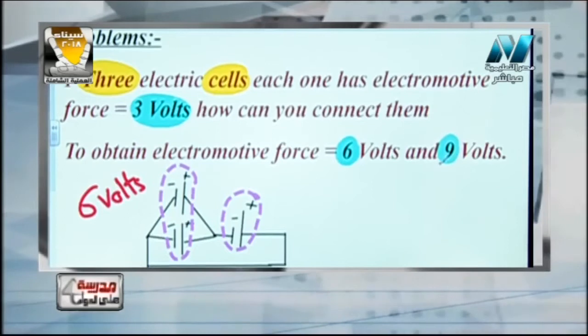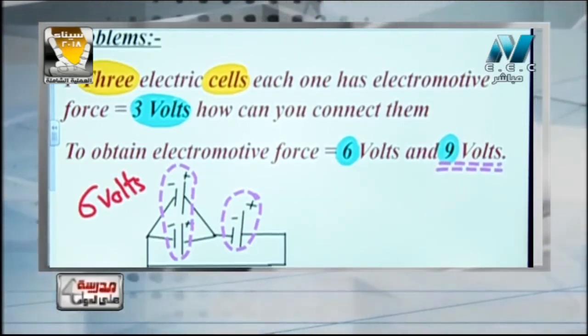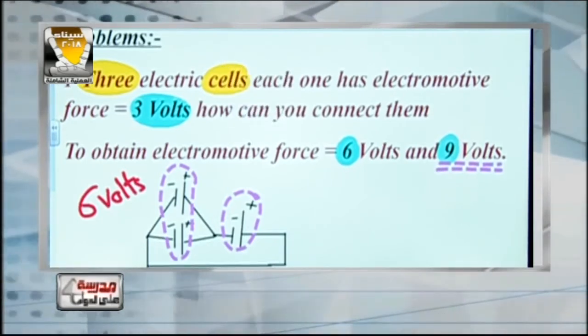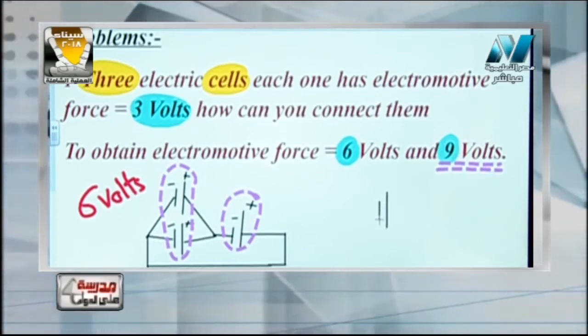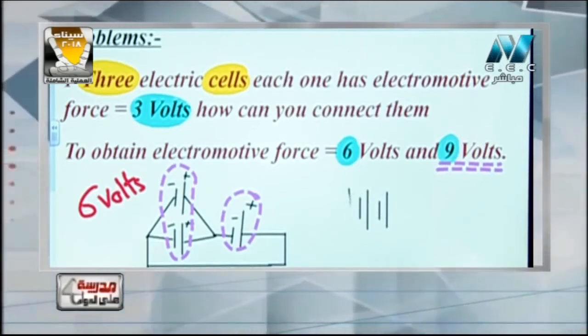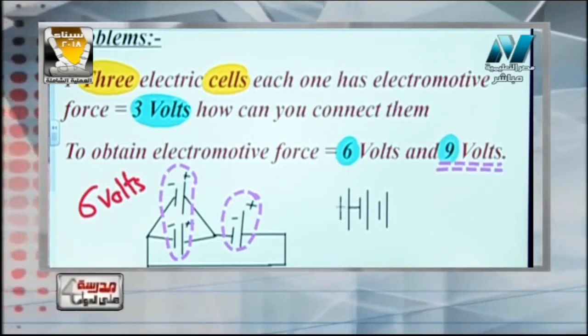Next one, we need 9 volts. So we draw them as what? As you see, we have to connect them all in series connection, like that. Each positive pole is connected with the next negative pole.